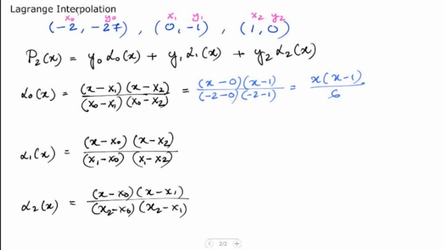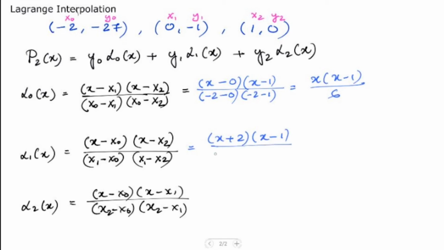Now for L1 we have x minus x0, so minus minus 2, I'll just write it as plus 2, and then x minus x2, that's 1.